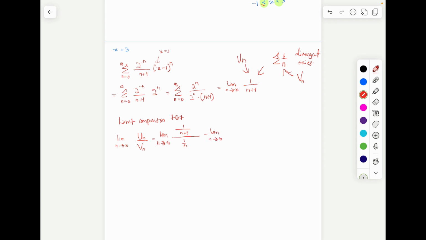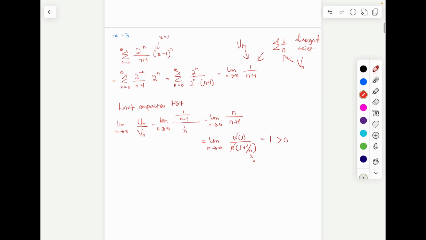So this becomes n over n plus 1. Okay, you find the limit. You can factor out the n, cancel out, and this becomes 0. So you have 1 over 1, which is 1, greater than 0.